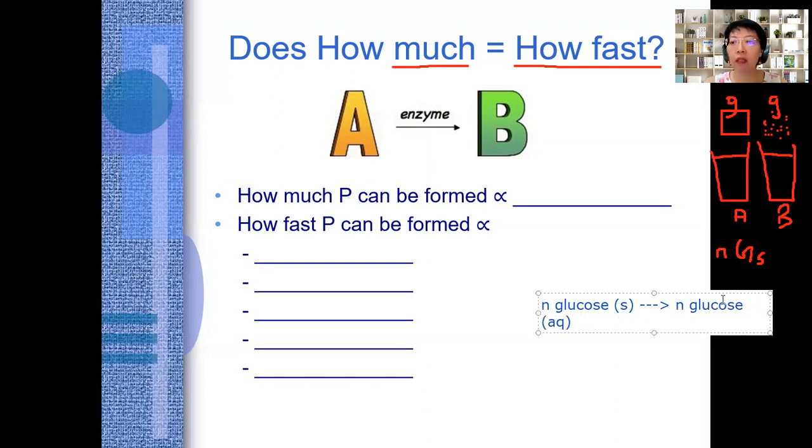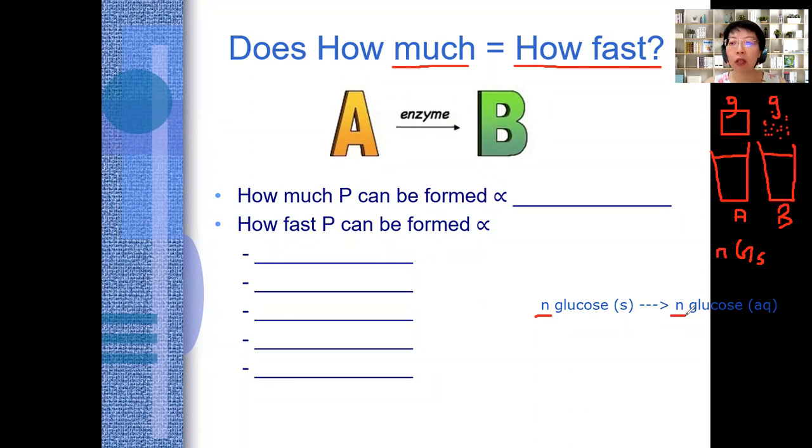Dissolved in water means surrounded by water molecules. So can you see that how much glucose dissolved in solution has to do with how much glucose you added in? Because if you add n mole of glucose to the volume of water, you also get back n mole of glucose that's totally dissolved.